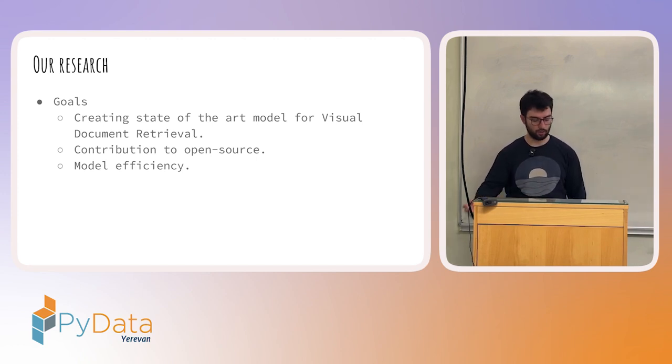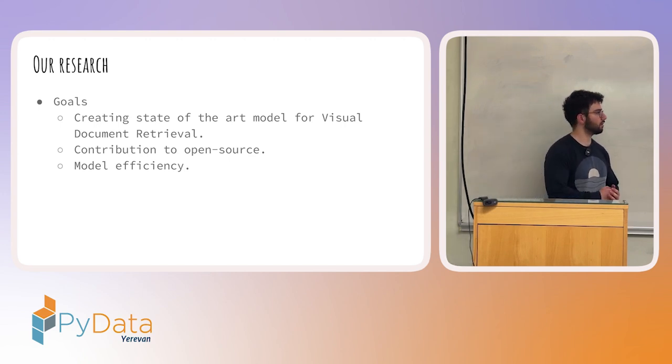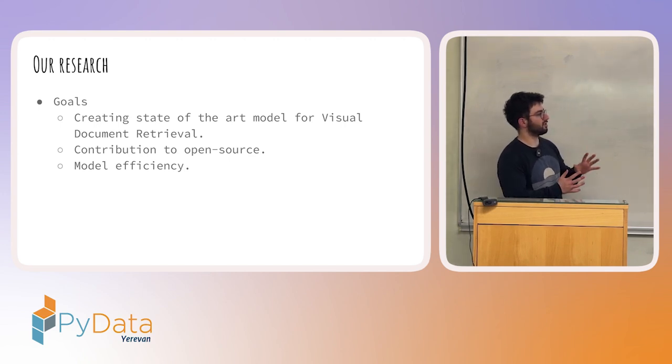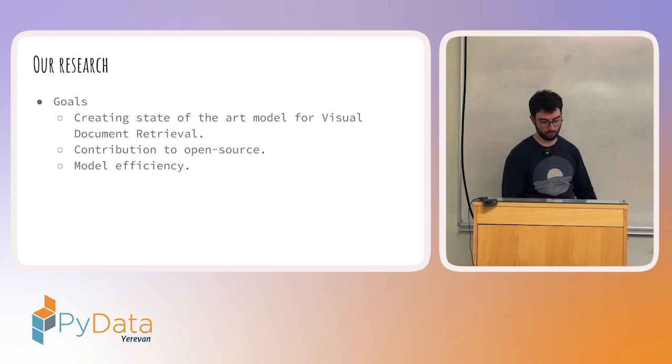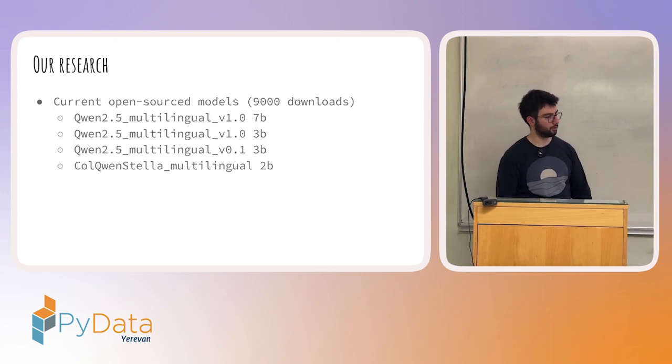Everything we do, we also need to share, as a contribution to open source. And the third important thing: in order for this method to completely replace the standard retrieval methods, we need much more efficient models. These are our research goals connected to the visual document retrieval direction.